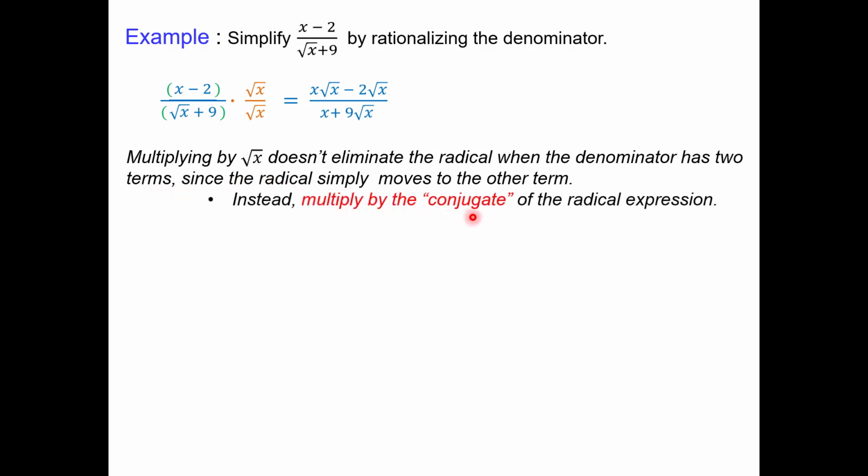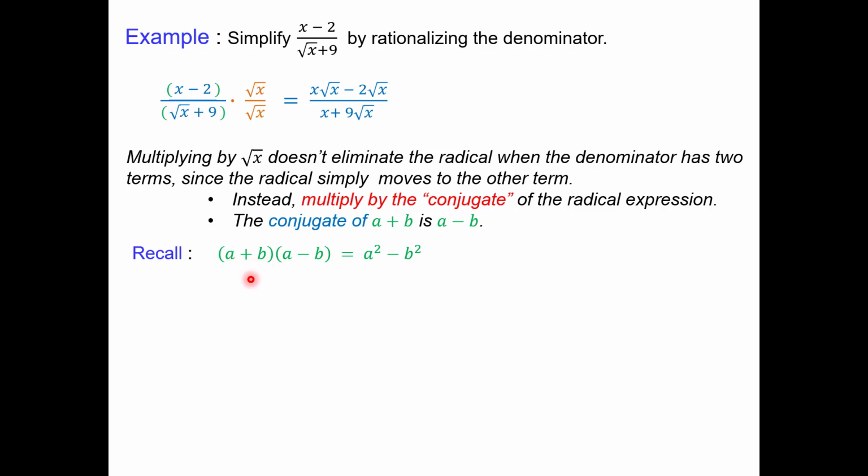What we do is multiply by the conjugate of the radical expression. What that means is you change the sign in the middle. So if it was a plus sign between the terms, the conjugate has a minus sign. If it was a minus sign in between, the conjugate has a plus sign. So for us, we're going to put a minus sign for the conjugate.